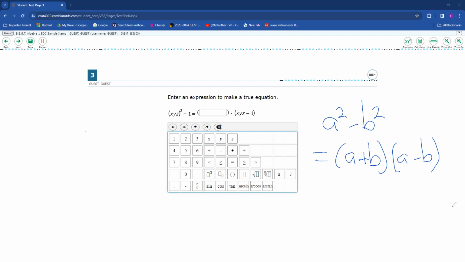So all we have to do here is type in A plus B, in other words, XYZ plus 1.